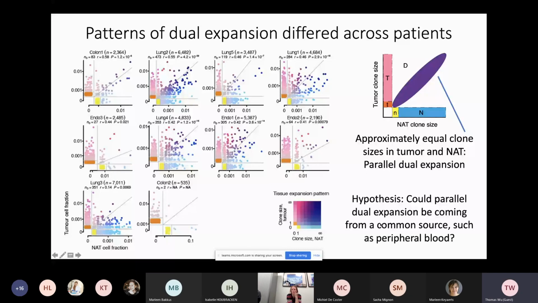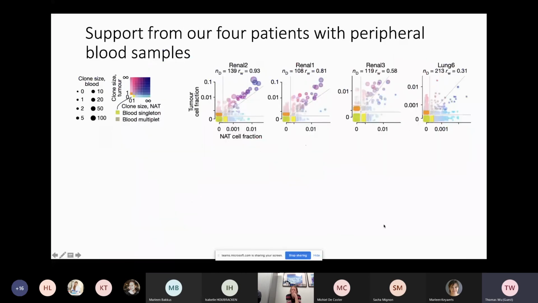So this raised the interesting hypothesis: how is it that we get this behavior of about the same expansion of every clone in both tumor and NAT? And so we raised the hypothesis: could this be because they're coming from a common source, such as peripheral blood? As I mentioned, we got samples from 4 of our patients in peripheral blood. And these are the patients shown here. 3 of them from renal, 1 was from lung.